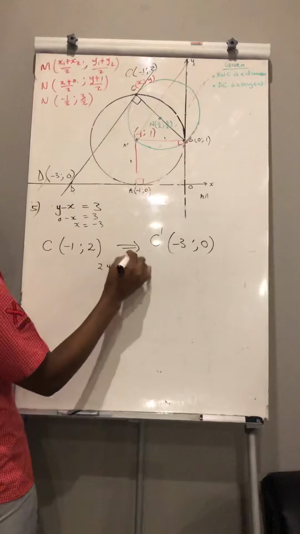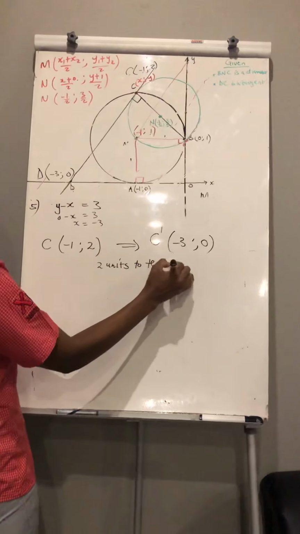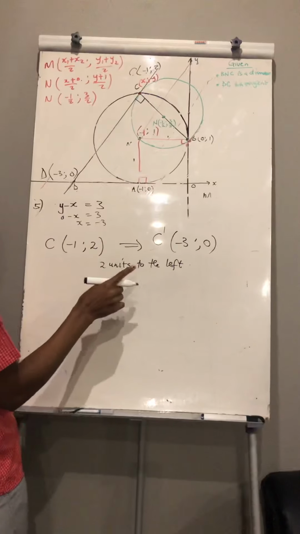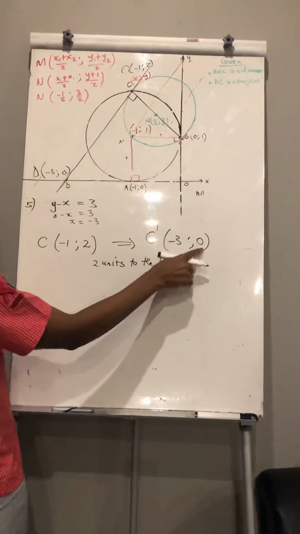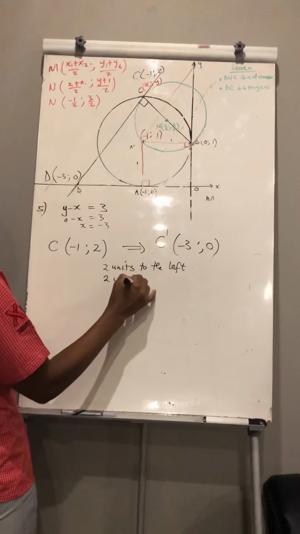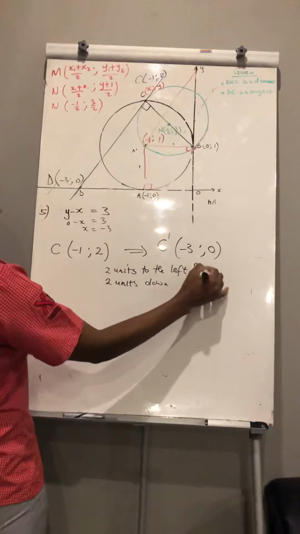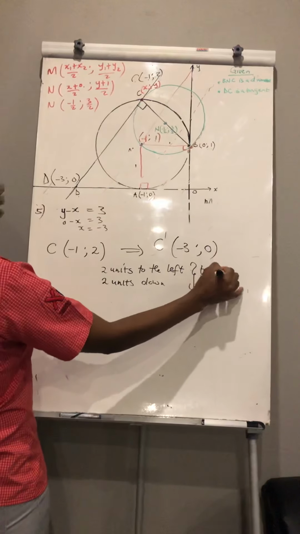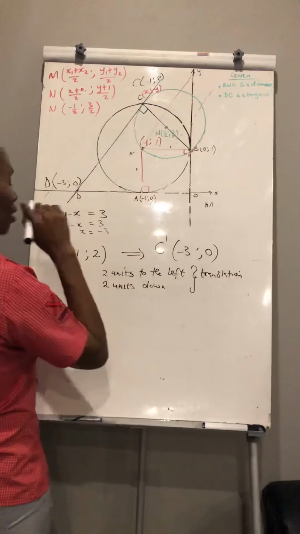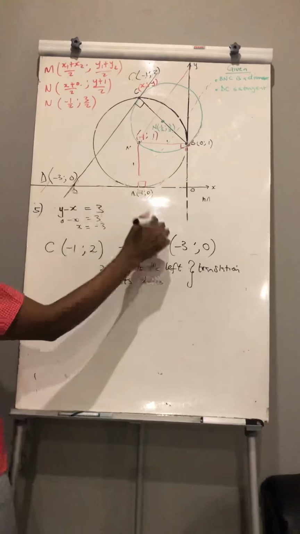It's a translation, 2 units to the left, isn't it? You can see that's what happened. And if you move from 2 to 0, it means you moved 2 units down. So this is the translation that took place here, as we moved the point C all the way to D, right?